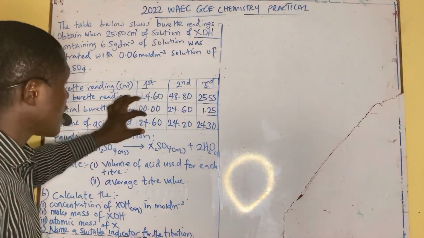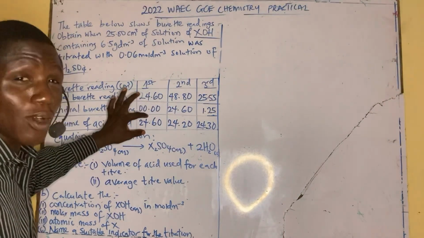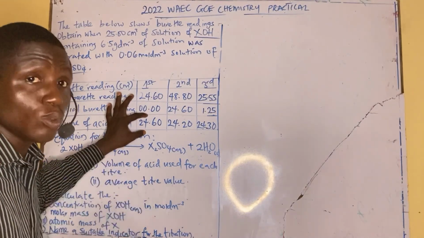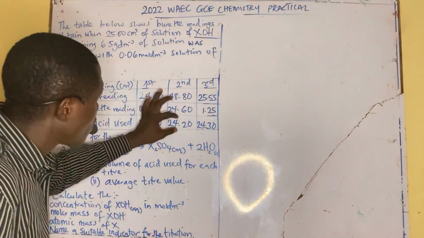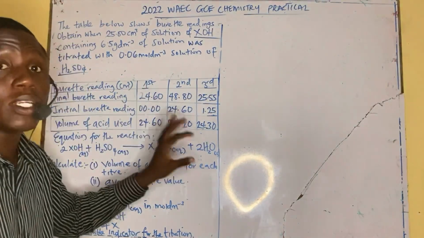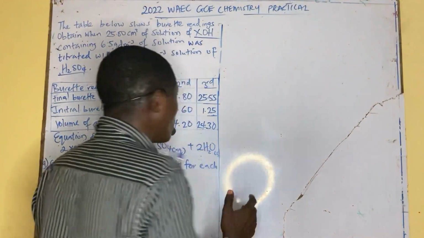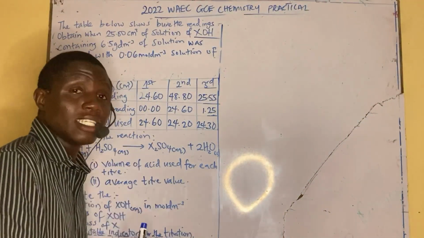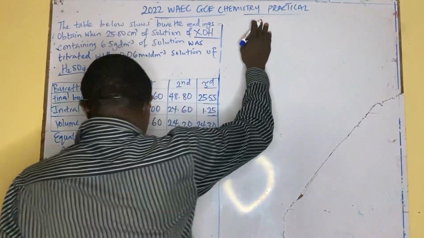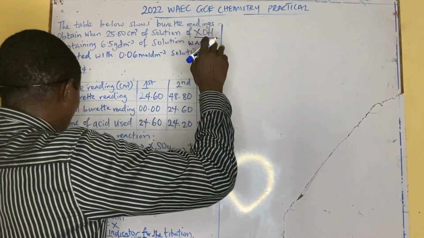So this is an outlier, and we are not going to use it in calculating our average volume of acid used, which is the average titer. Because the difference between these two is just 0.1, they are concordant values. Please note that concordant values are used in determining your average titer.